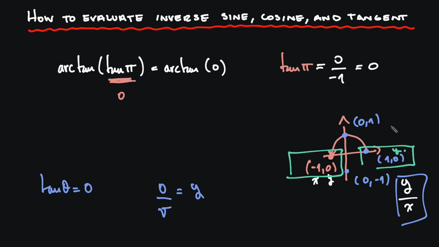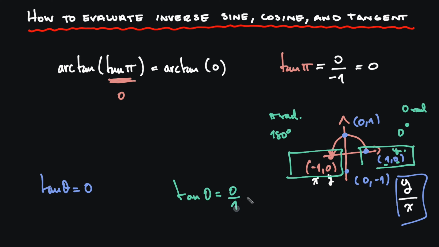Here on the right side, this is 0 degrees, and on the left side is 180 degrees. In other words, this is 0 radians and this is pi radians, right? Which one is it? Because if we evaluate tangent of 0 degrees or 0 radians, we get 0 over 1, and 0 over 1 is 0.